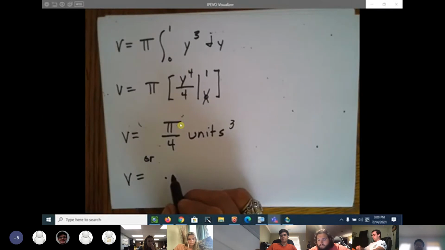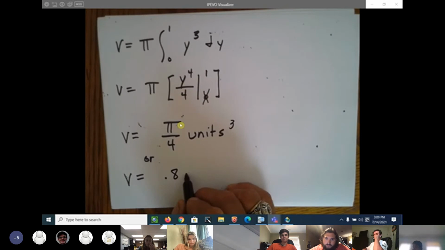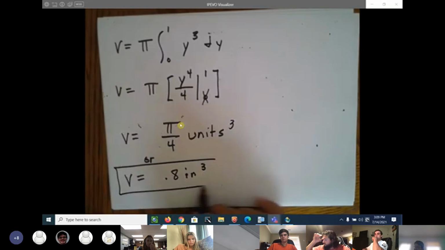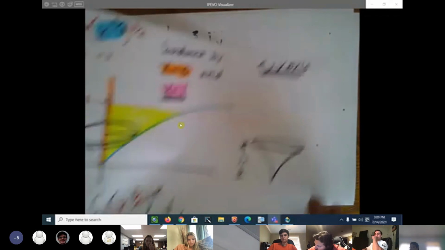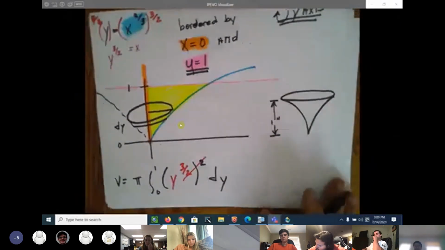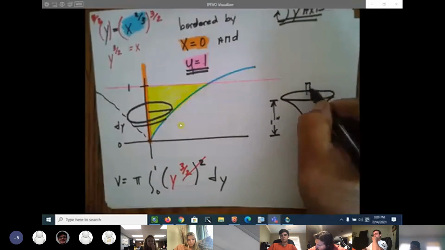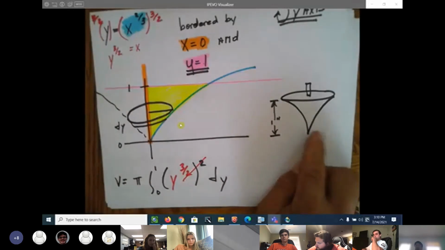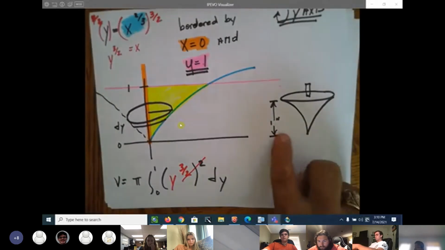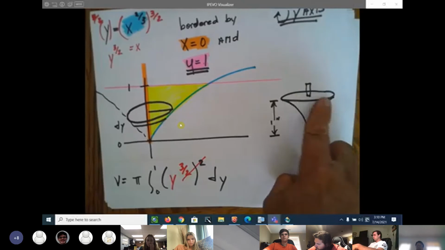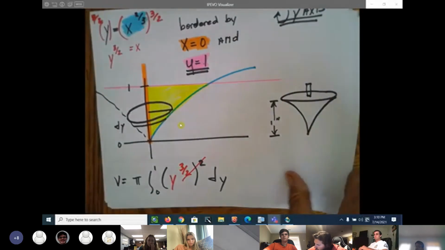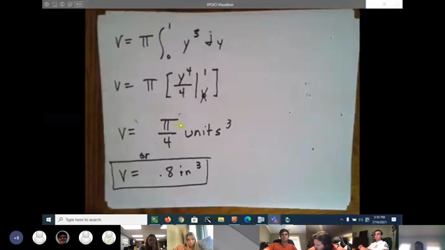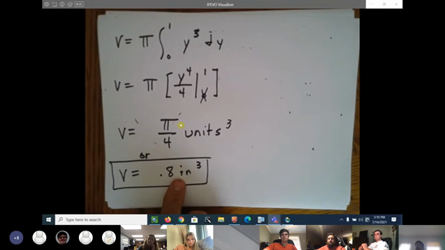It's 0.785 inches cubed. A top is a toy. It has a little stem like this, and you spin it. If I filled this top up with water, it would hold about 0.8 cubic inches of water.